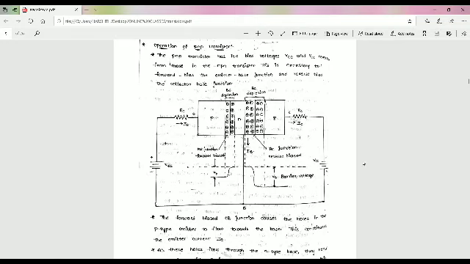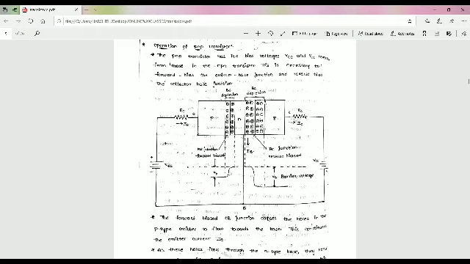This is necessary to forward bias the emitter base junction and reverse bias the collector base junction. This is the forward biasing and this is the reverse biasing. Forward biasing the emitter base junction, this is the emitter and this is the base. So, forward biasing the emitter base junction and reverse biasing the collector base junction. This is the basic diagram.